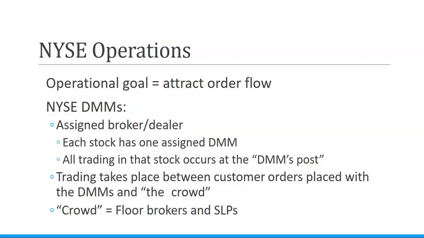The operational goal of the New York Stock Exchange is to attract order flow. Those designated market makers, or DMMs, are assigned to a broker or dealer. Each one has their own assignment, and all trading in that stock occurs at the designated market maker's post.